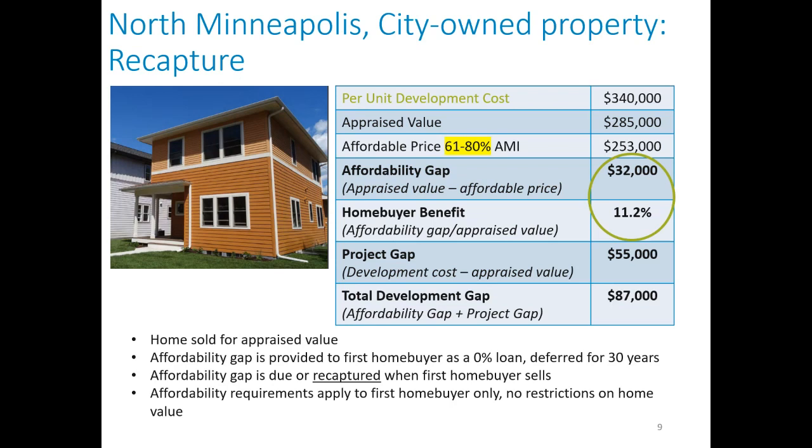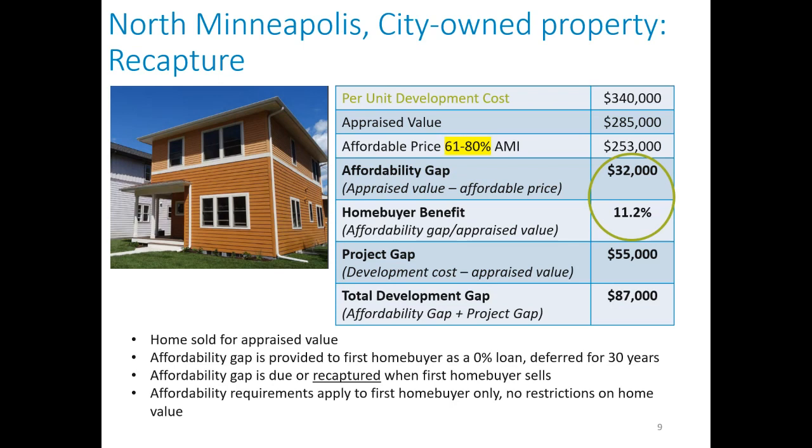So how that works is we are effectively lowering the cost of entry of purchasing that home to an affordable level. So in this particular example, we're looking at a home that's $340,000 to develop. And because the market is where it is, it also, in this particular example, appraises for that same amount.